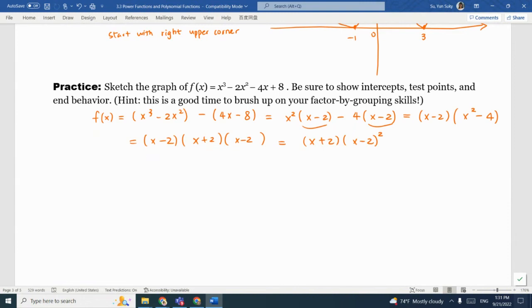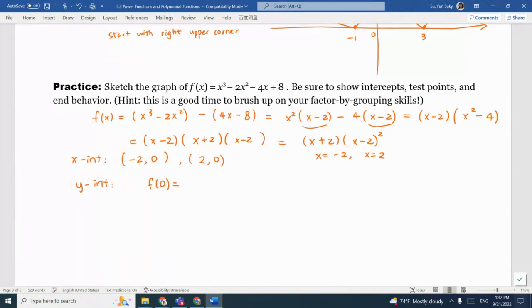Okay, so x-intercept. Solve for x. We get what? -2 and 2. So the x-intercepts, they are points. So they are (-2, 0) and (2, 0). Good. Okay, now y-intercept.